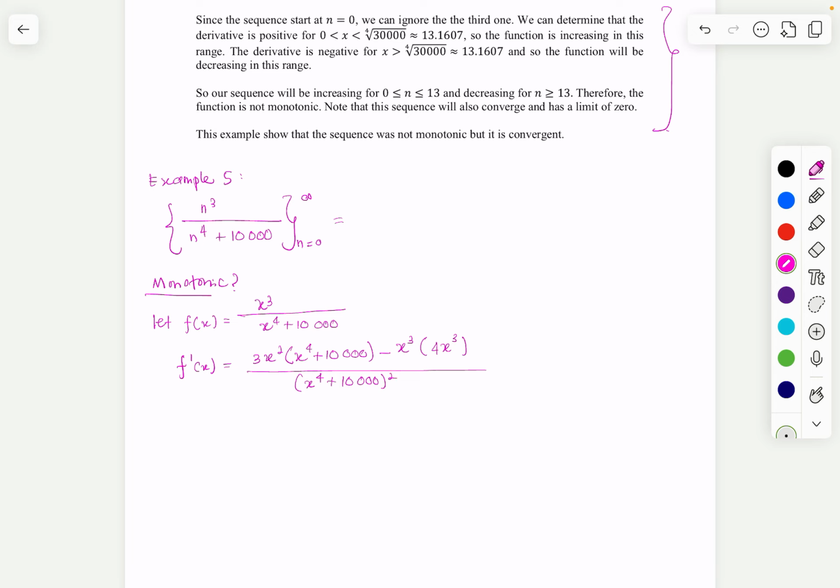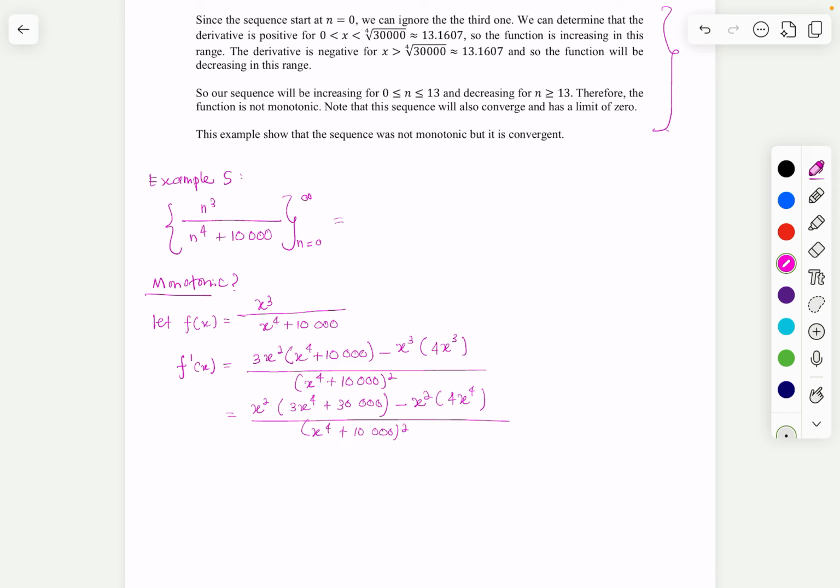In this form, you can try to simplify it. I want to factor x squared outside, so it becomes x squared times 3x to the power 4 plus 30,000, minus x squared times 4x to the power 4, divided by x to the power 4 plus 10,000 squared.